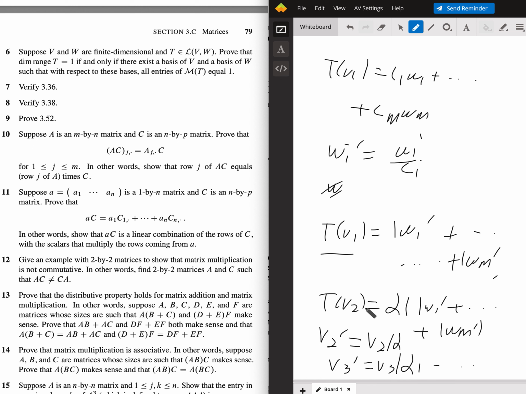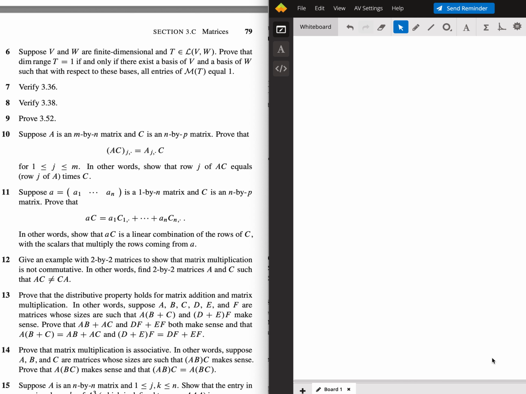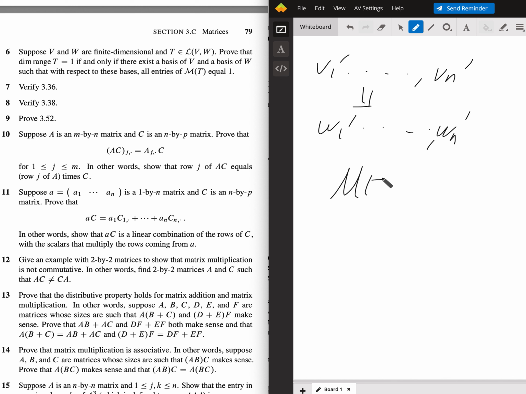Then you're able to accomplish all of that, and with the new basis, what you're able to do is finally claim that you have established a basis where v1 prime through vn prime maps to w1 prime through wm prime with matrix entirely 1.